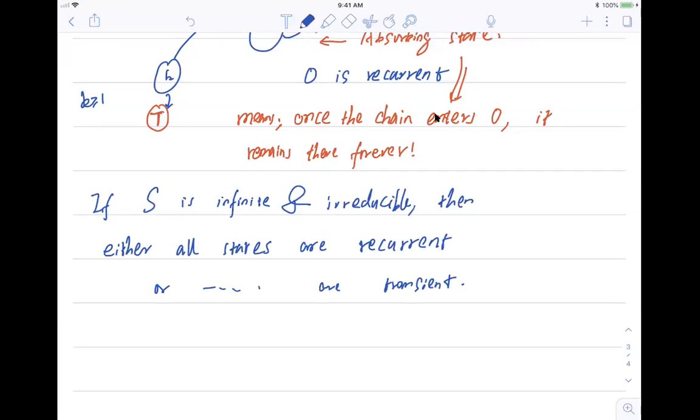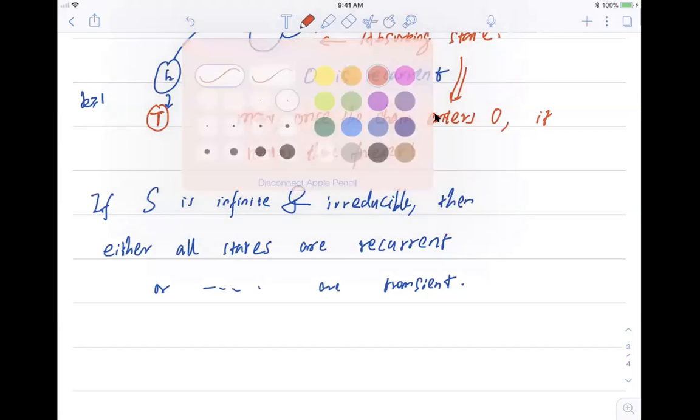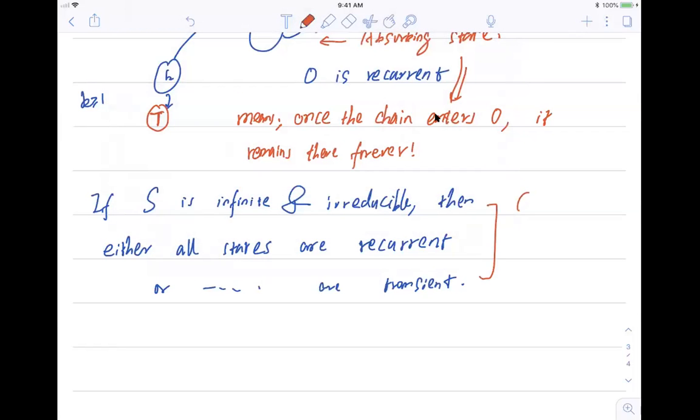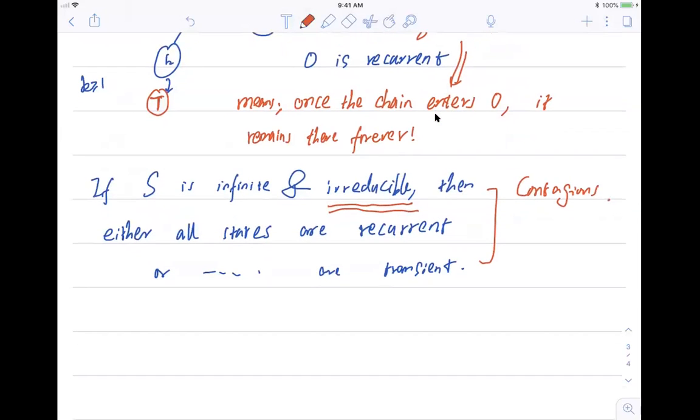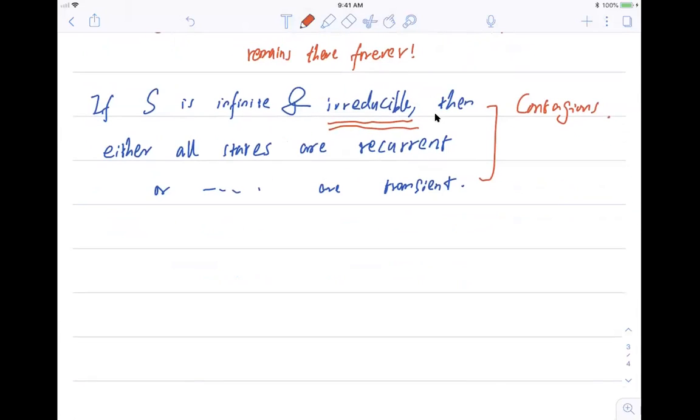This is simply by contagiousness. Since the chain is irreducible, if one state is recurrent, then all states are recurrent, or if one state is transient, then all states are transient. You can see this with the simple random walk.